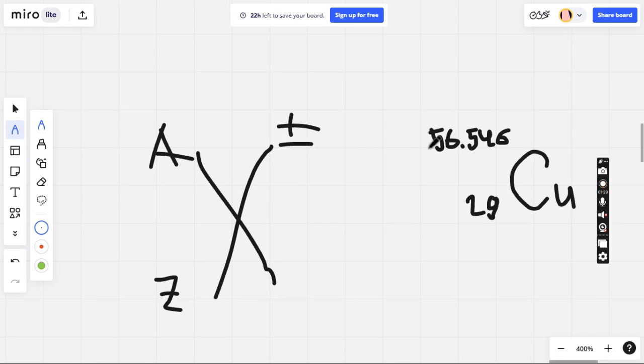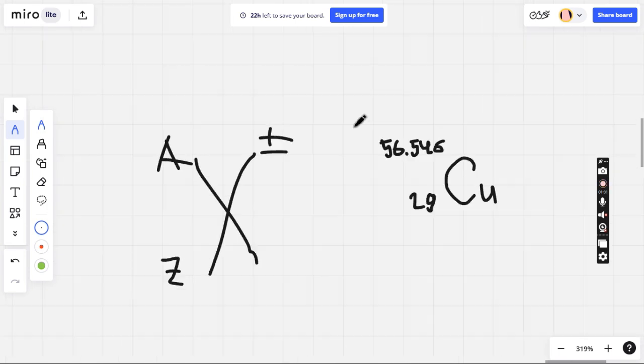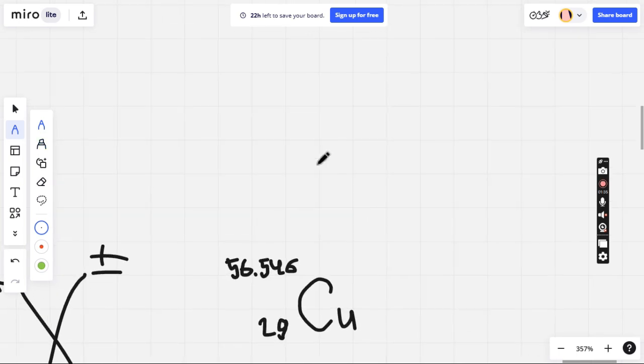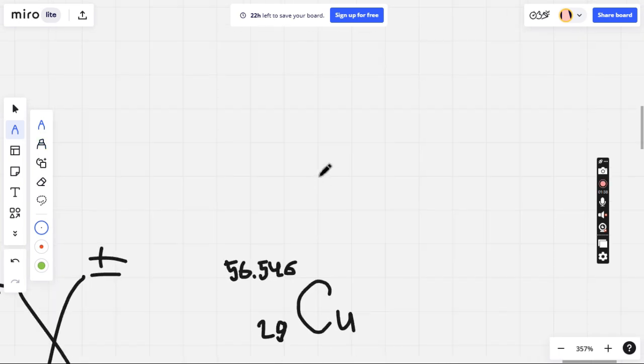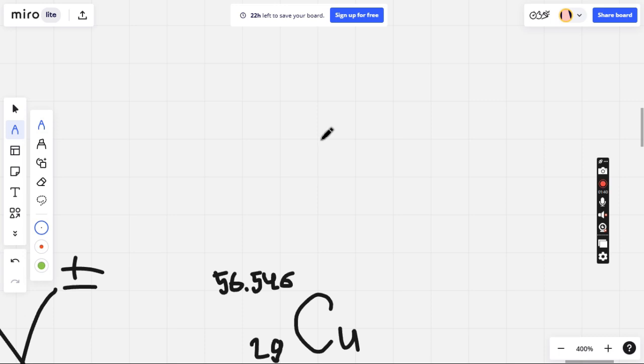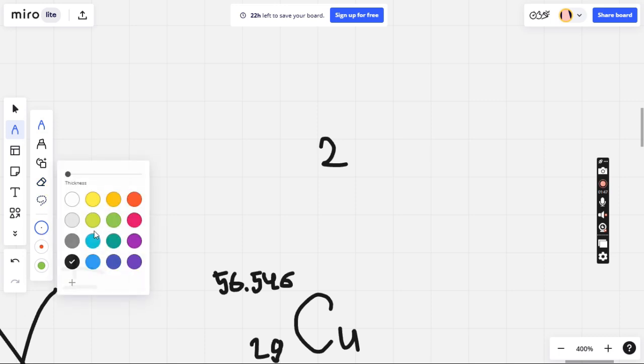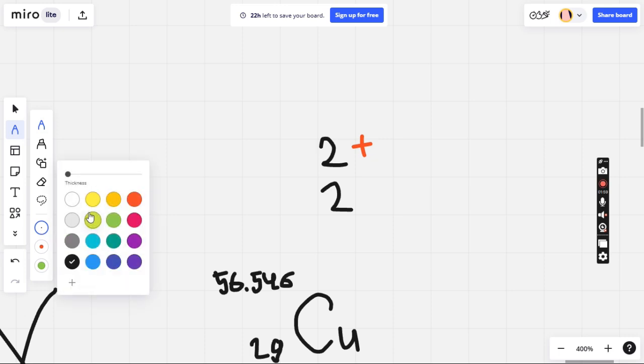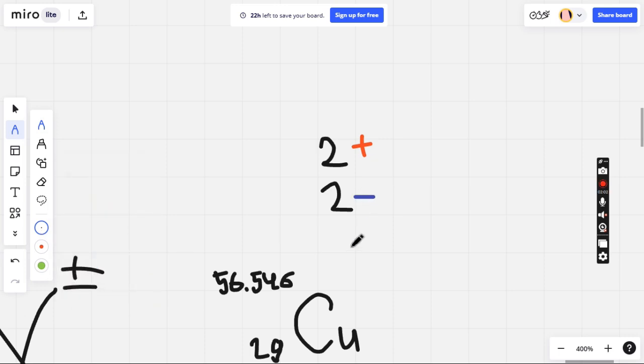Now here, the plus or minus is whether it's an ion or not. How you do these ion things is you put how many electrons it's losing, or gaining actually. Let's say I have 2. It could either be 2 positive, which means it lost 2 electrons, or 2 negative, which means it gained them.